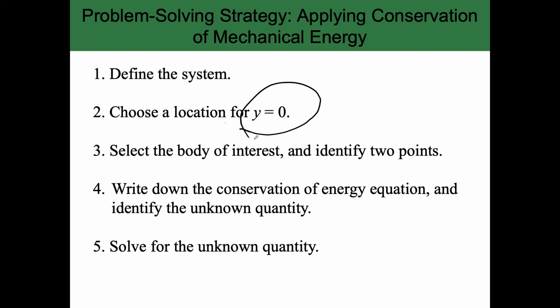Then select the object that you're interested in, and find its initial state and final state, initial position, final position, right? Write down the mechanical energy conservation equation, identify the unknown quantities and solve it.